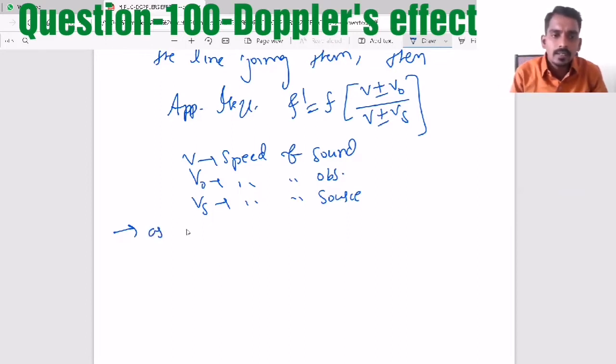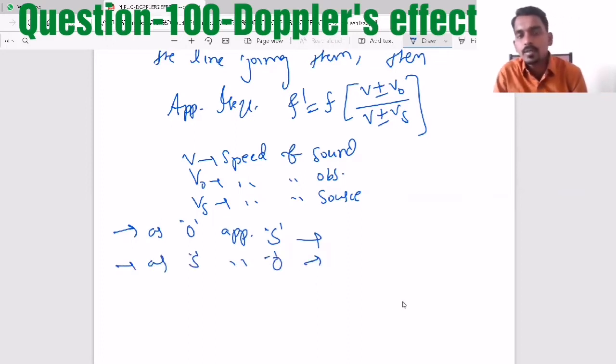See, as observer approaches source, or else as source approaches observer, in both cases the apparent frequency should increase. That means we have to choose such that f dash should be more. F dash more means the denominator should be less and the numerator should be more.